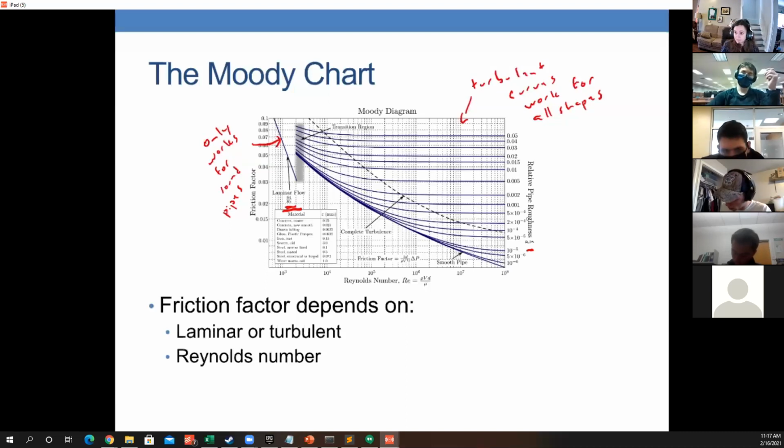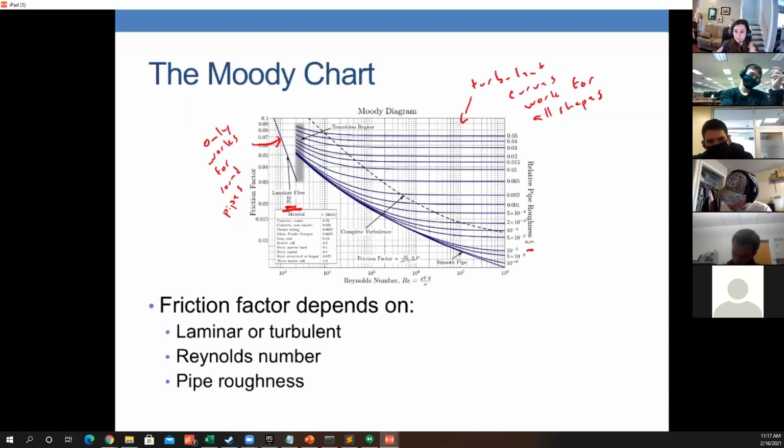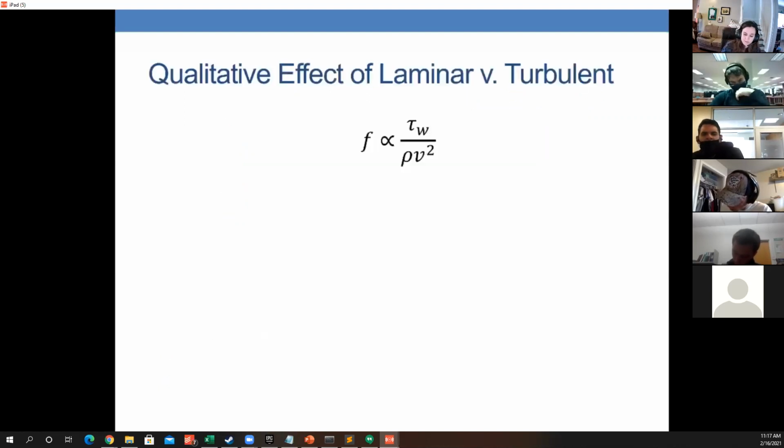Okay, so the Reynolds number, which includes all of the things that are included in the Reynolds number, and the pipe roughness, will all determine what the friction factor is.